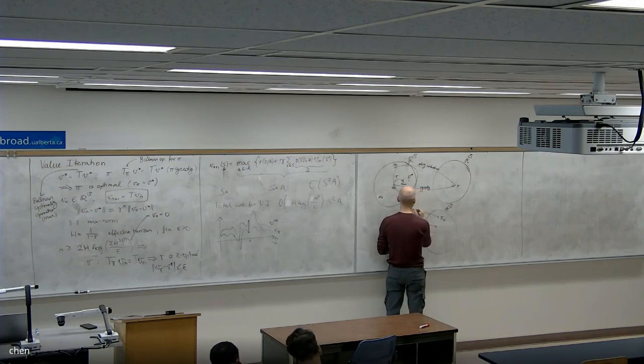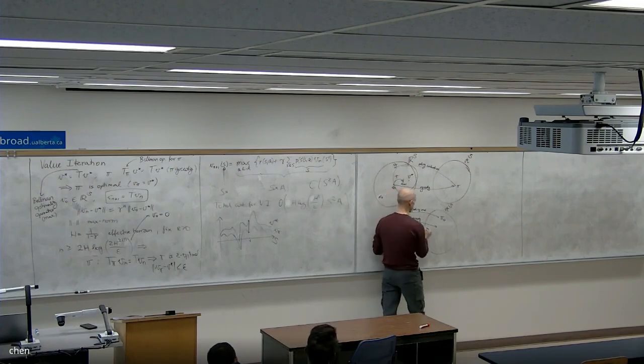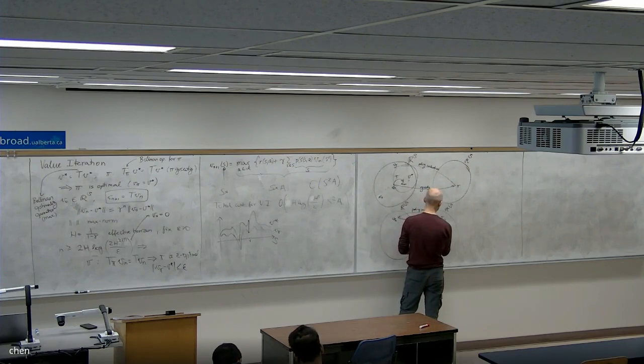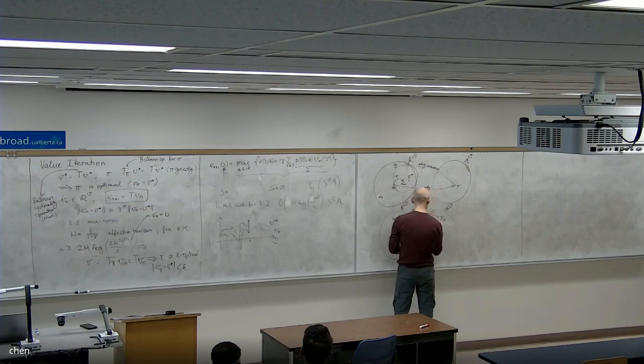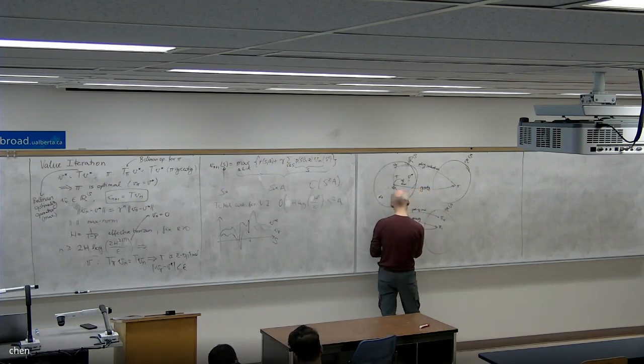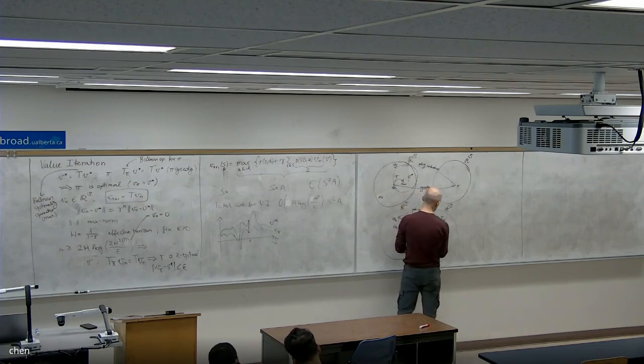So there's a policy evaluation step. And then there is a greedification step, taking the greedy policy with respect to this value function. So that's your pi1. And then you can evaluate that. You get V of pi1. And then you can greedify it.